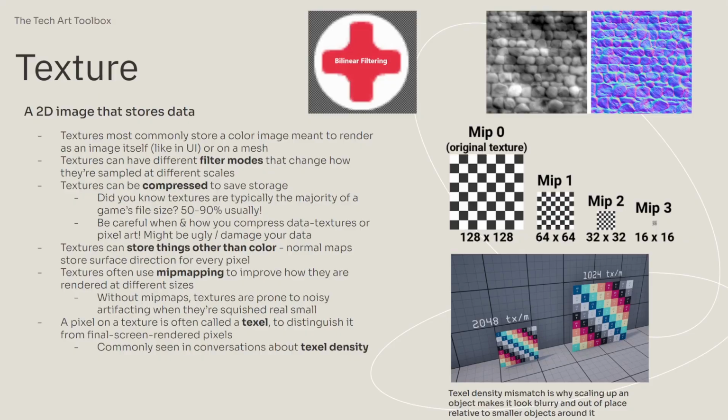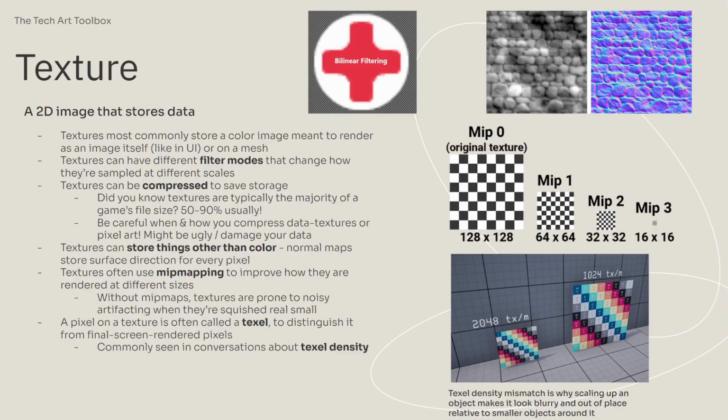So its memory footprint tends to increase quadratically as you increase your level of detail, which is part of why games are so huge now. So learning how to compress your textures, what textures you can compress and what you can't, is very useful. Obviously, with pixel art, you might not want it to be all JPEG'd, and especially if you're using textures to store data, like a palette, you don't want compression messing with that.